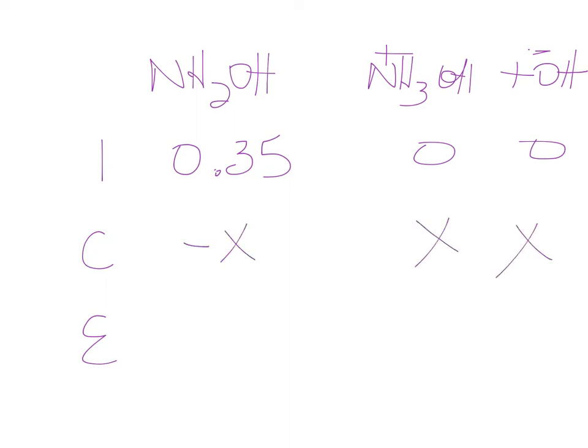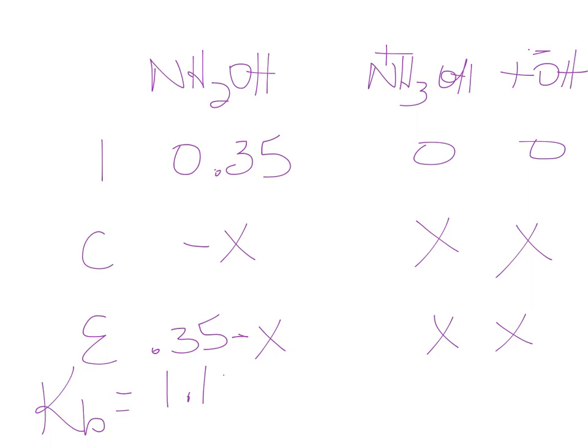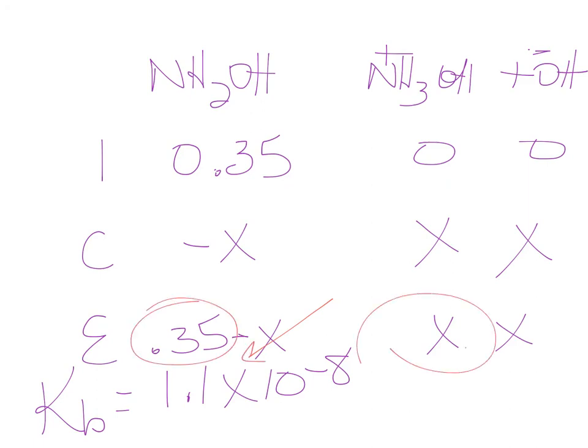Hopefully you're getting bored doing ice tables now. Now, can we neglect this X value? What was the value for Kb? We sure can neglect it. Very small Kb. So that goes out, and now we'll plug these equilibrium values back into the expression for Kb.